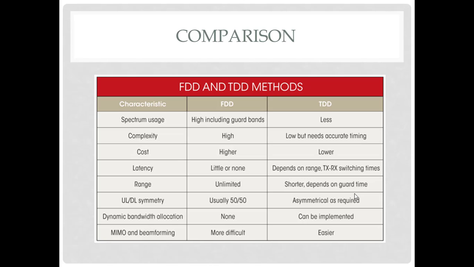Here you can see a table with a comparison of these two technologies, and as you can see, in some cases it is better to use frequency division, and in some cases time division duplexing, and each has its own advantages.